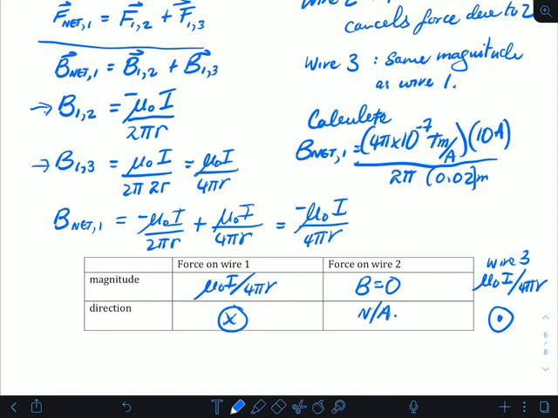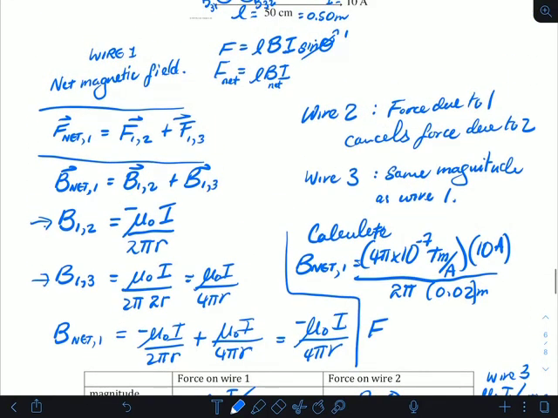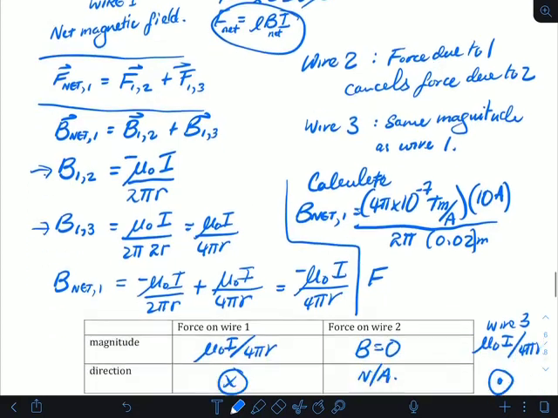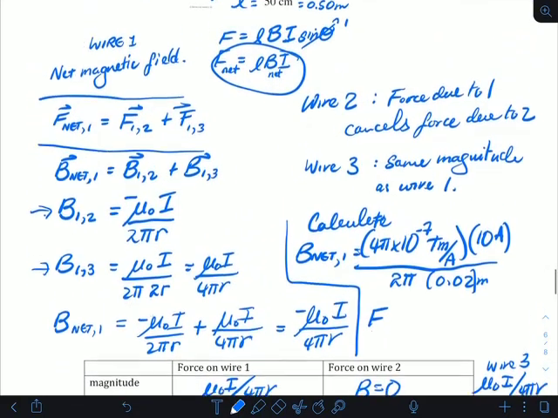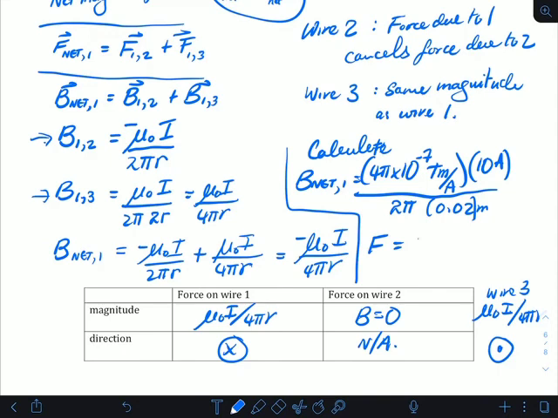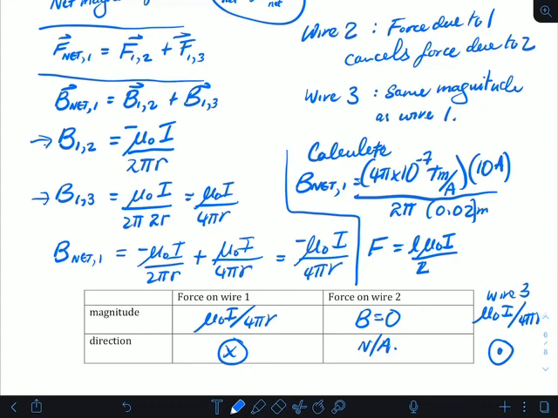I have that, and then what I should do is just calculate directly the force. So remember, the force is going to be equal to L times B net times I. So that's going to be equal to L times mu naught I over 2 pi R, but then we multiply times I, so we're going to get that.